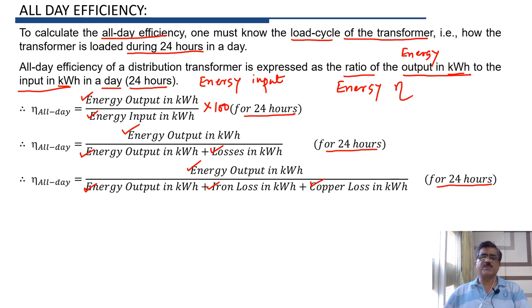And if we want percentage efficiency, this must be multiplied by 100. So, using this expression, we can determine the all day efficiency or energy efficiency of distribution transformer.